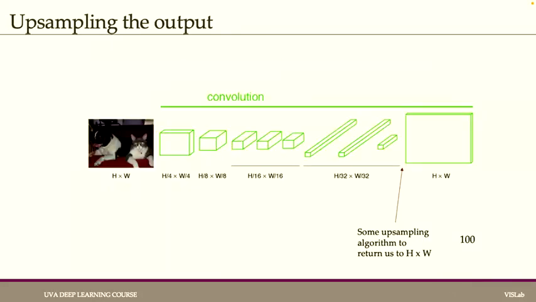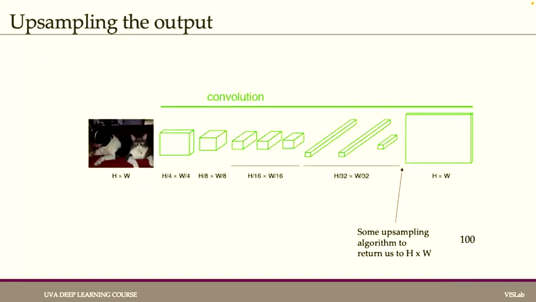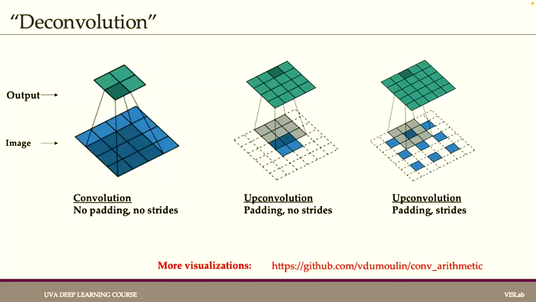But the question is, can we do more than that? So, for example, when we go deeper, can we do some upsampling again? Because we want to, for example, do some better segmentation than this one. And here the idea is we will use something that's called deconvolution or upconvolution, which basically, via the use of a lot of padding, has an output map which is bigger than the input map, as you can see here.